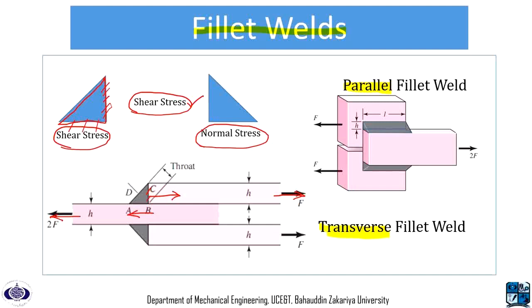So because we have a shear stress on one side and normal stress on the other side, that is why this type of fillet weld will be called transverse weld. Now coming to this example, you can see that the horizontal side as well as the vertical side of the fillet weld are being applied with shear stress. That is why this type of example will be considered as parallel fillet weld.